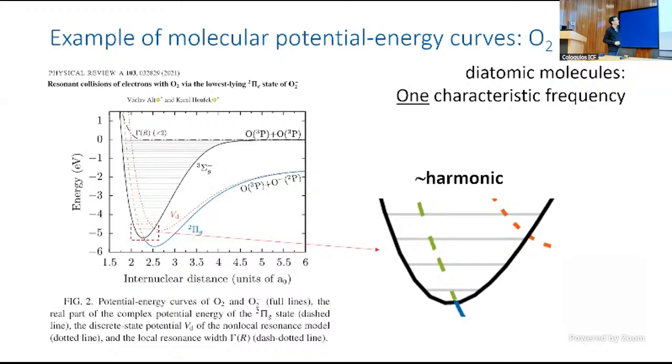Of course, they are not harmonic all the time because they would go to infinity. So they start to become closer until the dissociation is allowed. But if the experiment is performed within this region, you see, these are actual calculated numbers. You cannot see any anharmonicity here. So those are for O2 and O2 minus.